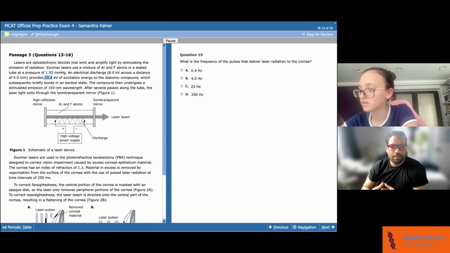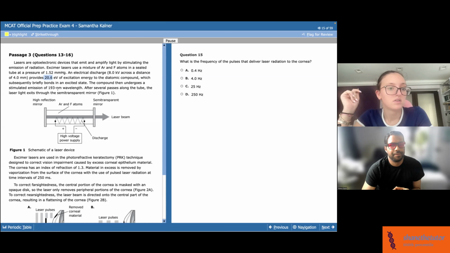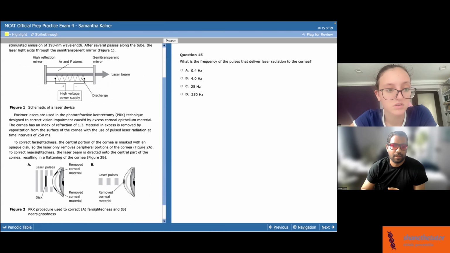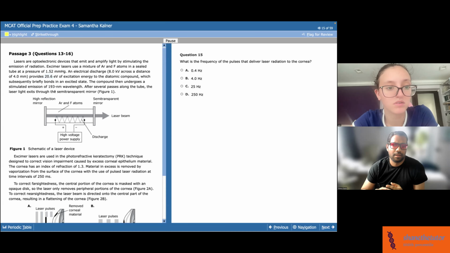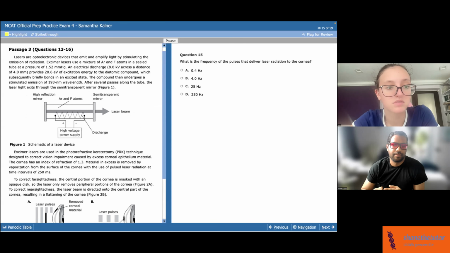Let's make sure we understand what the question's asking us. Frequency of the pulses that deliver laser radiation to the cornea. So we have the time. Index of refraction is 1.3, but it is still this wavelength, no?